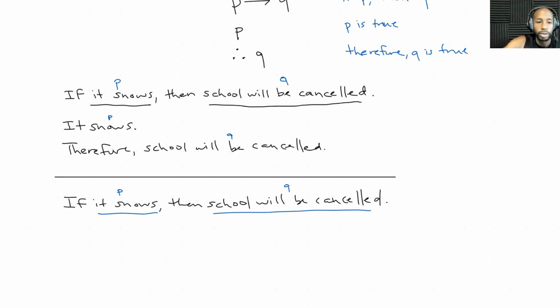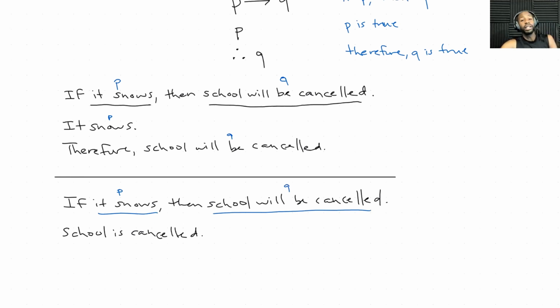Okay. School is canceled. Now, what is school is canceled? Is that P or Q? That's Q. Okay. So let's label that.